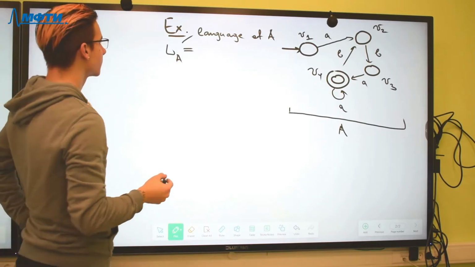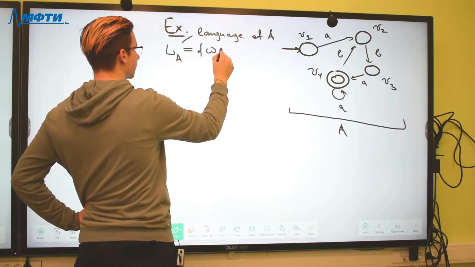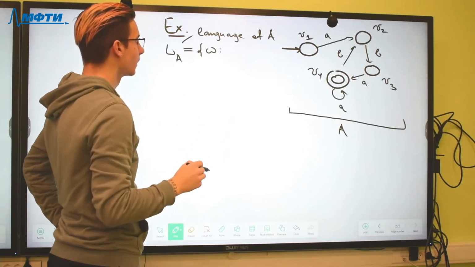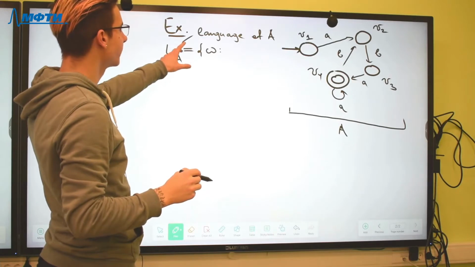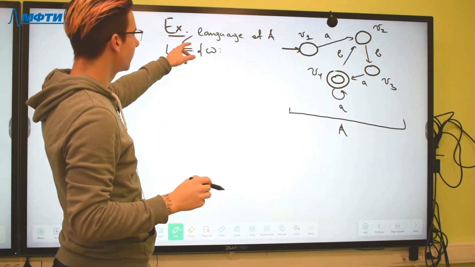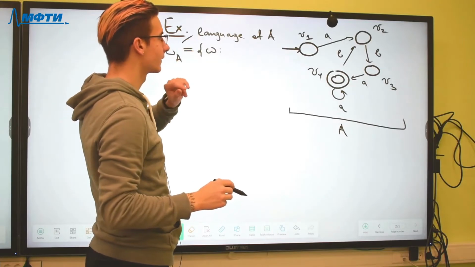It is equal to words, and we can see the words as paths in this graph.